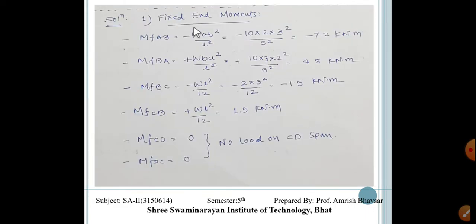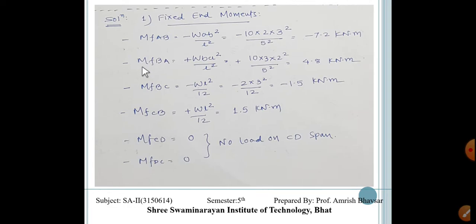Now, for any example of the moment distribution method, what are we going to do? We first find the fixed end moments. Here we have the fixed end moment MFAB. For the eccentric point load on span AB, this is minus W a b squared upon L squared. So here minus 10 into 2 into 3 squared divided by the whole span squared, and we will get minus 7.2 kilonewton meter.